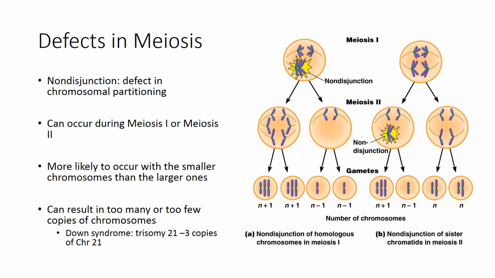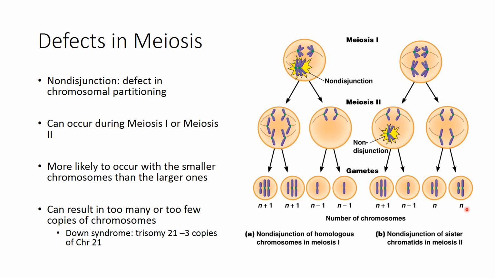It can also happen in meiosis 2. So here, meiosis 1 happened just fine. The homologous chromosomes separated. Now we're in meiosis 2 down here. Now's our part where the microtubules didn't attach appropriately, and both of these chromosomes went to the same cell. Now this cell has one too many, this cell has one too few, but these other two cells are fine.